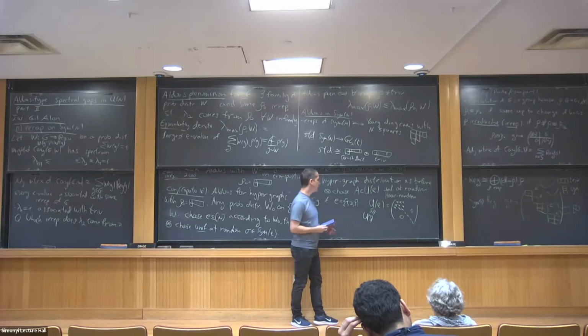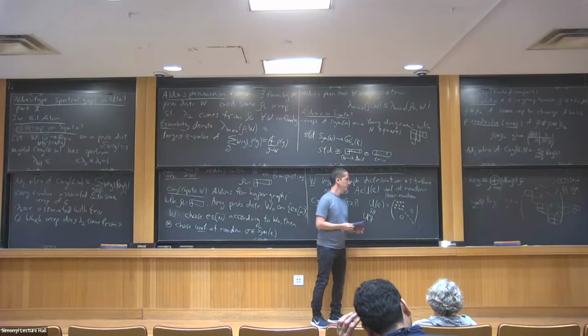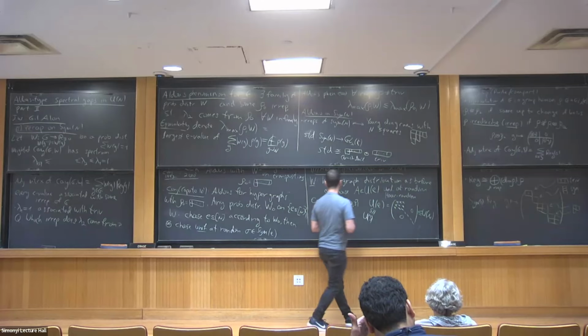Okay, so I use this embedding in the coordinates 1, 2, and 3 of U(3) inside U(N).